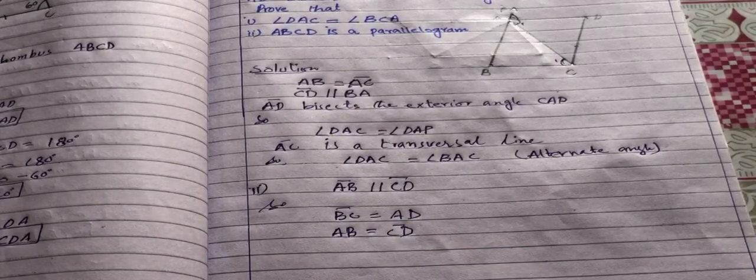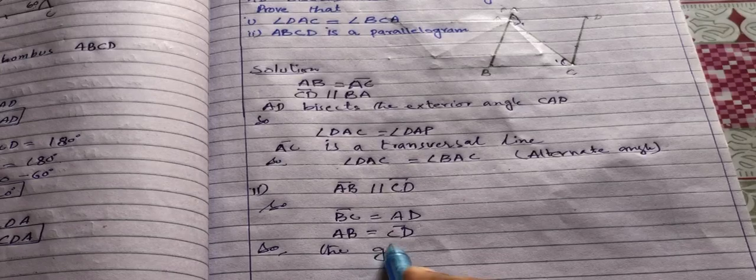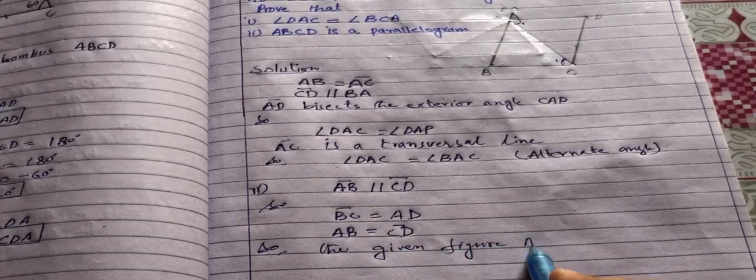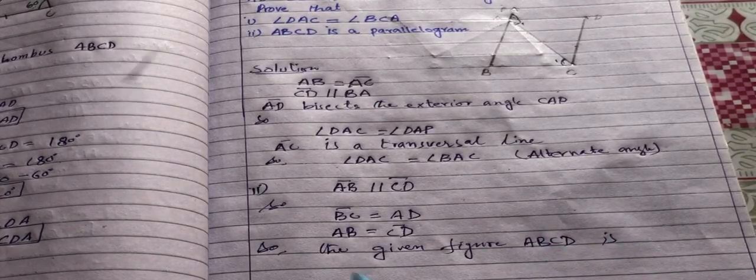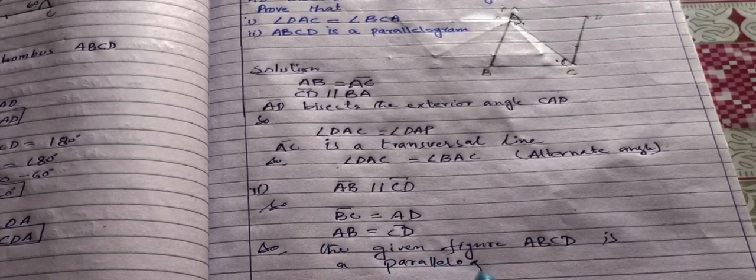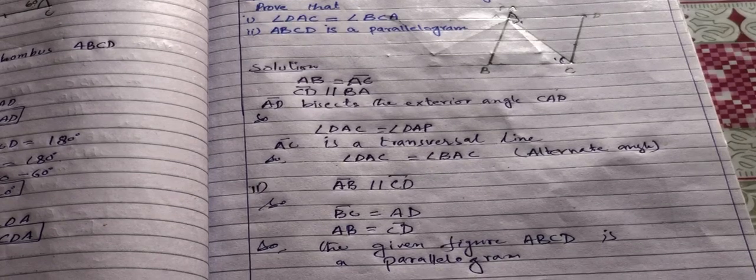As we know that the opposite sides of a parallelogram are always equal, so the given figure ABCD is a parallelogram. So in this way we have proved that ABCD is a parallelogram.